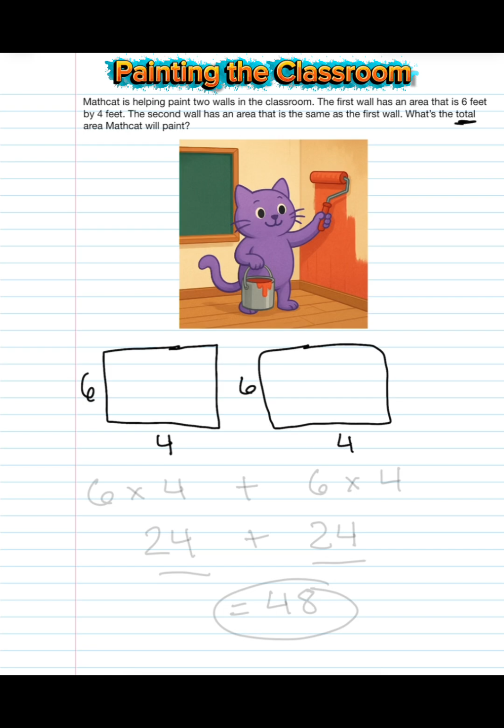Well, the area of the first wall is 6 times 4, and that's 24. And we're going to add another 6 times 4, which is 24. So if we add 24 plus 24, we get a total area of 48. That's the total area that MathCat will paint.